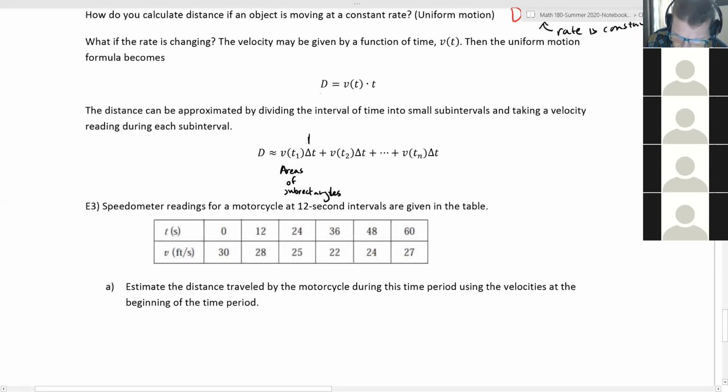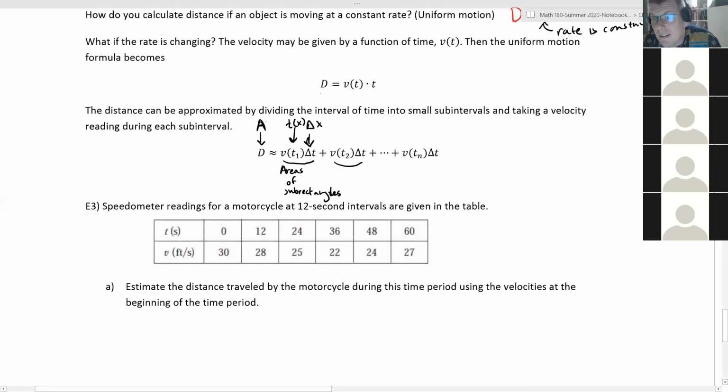Delta t is like our delta x, and v of t is like our f of x. The area of each subrectangle is going to be v1 of t times delta t plus v2 of t times delta t. So we take the velocity at each point, multiply it by the time in the subinterval, and that gives us the equivalent of an area approximation.